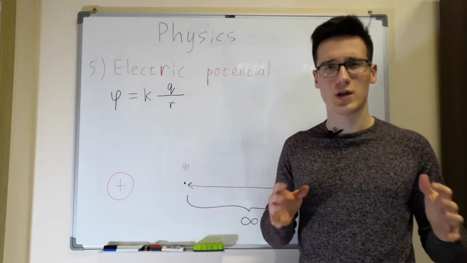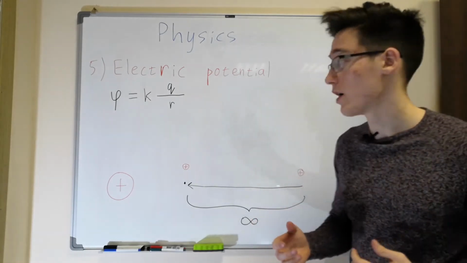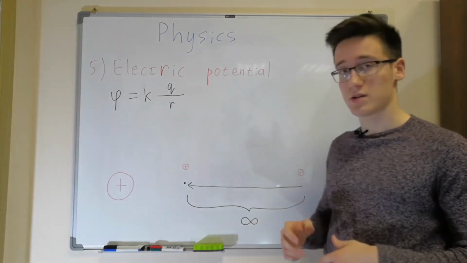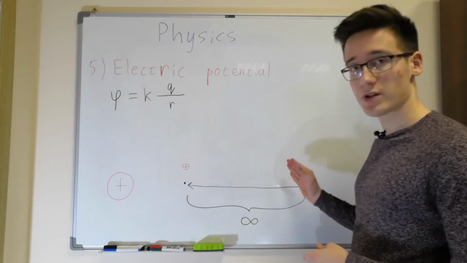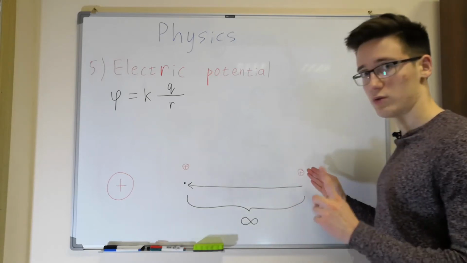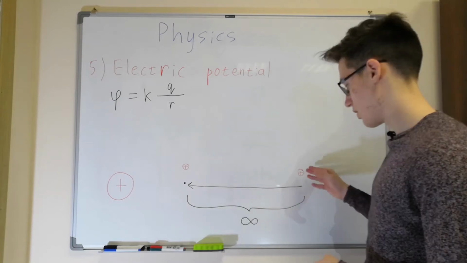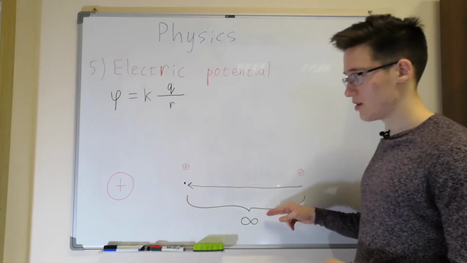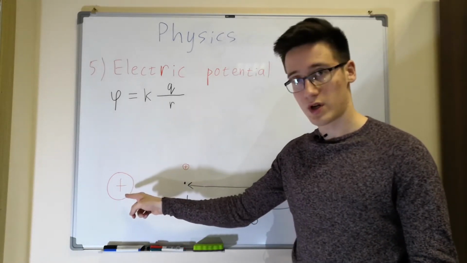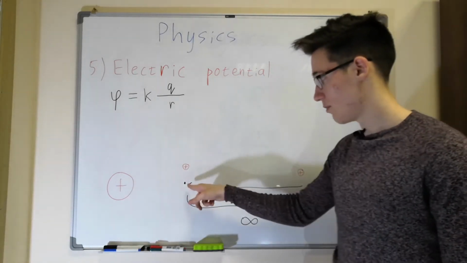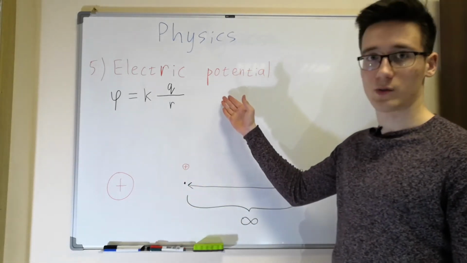Now, electric potential, which is the next topic from physics that we're about to cover, is defined as the work needed to be done on a sample positive charge equal to 1 Coulomb. By the way, charges are measured in coulombs. The work is to transfer it from an infinite distance from the object generating the electric field to a point in space where we measure the electric potential.